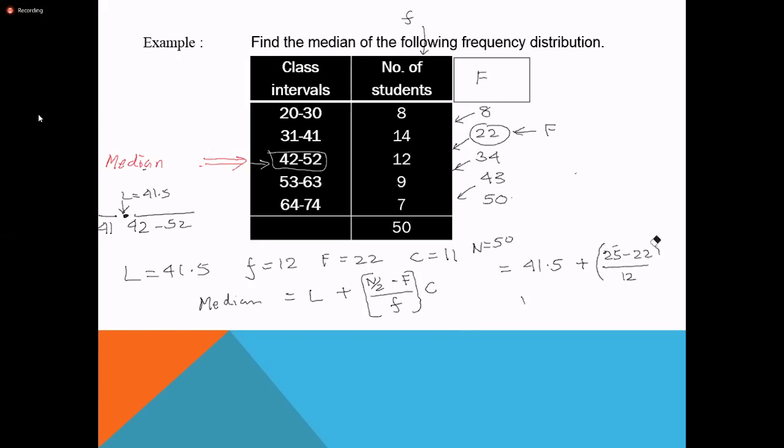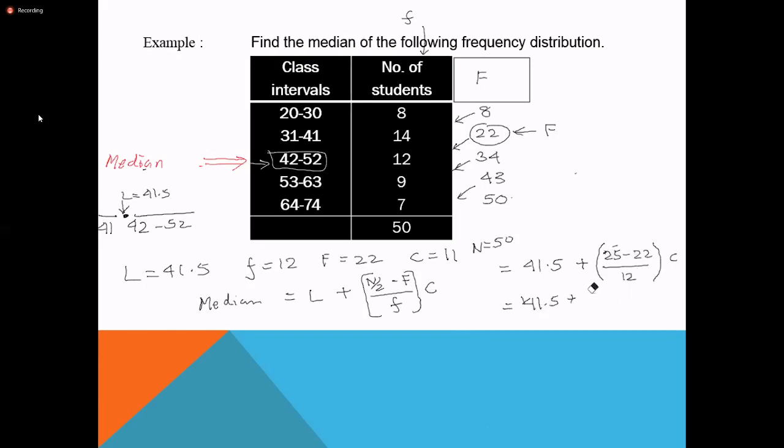Then for this ratio we multiply by the class size. Here it is 25 minus 22, 3 over 12.